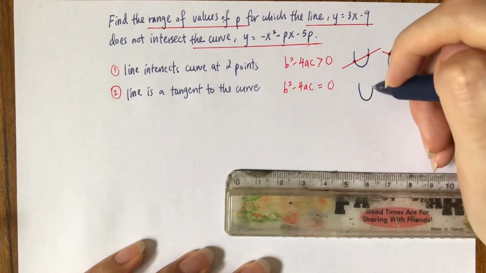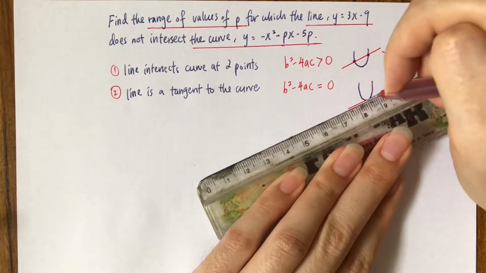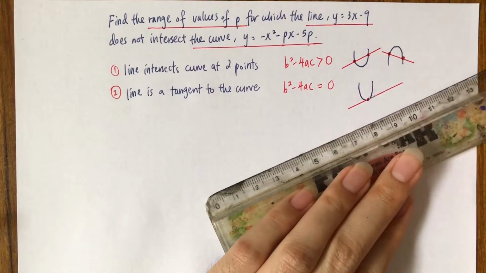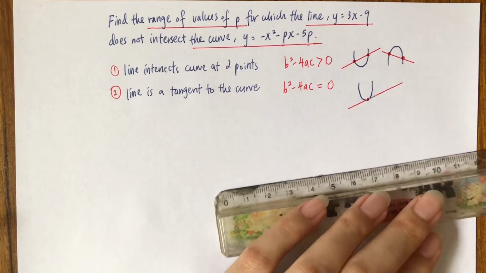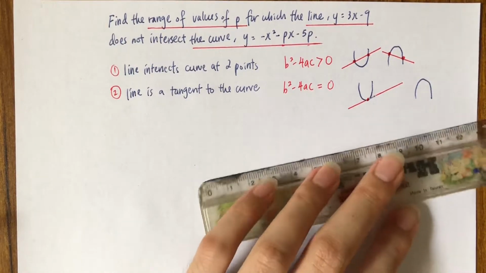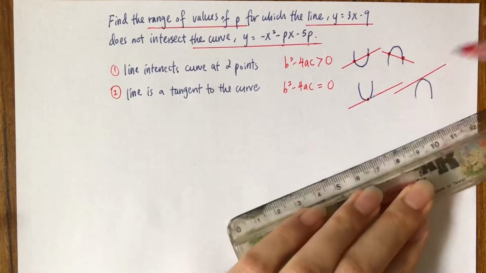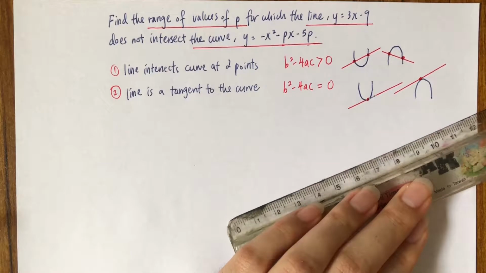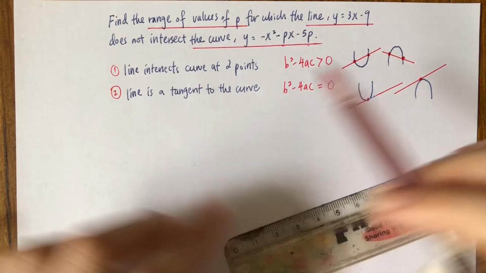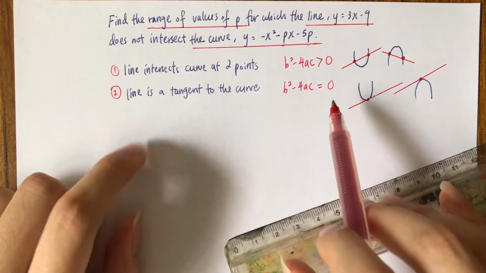We have a curve and the line touches the curve at just 1 point. And if it is an inverted curve, the line just touches 1 point of the curve. It is almost like a hinge. It hinges at 1 point of the curve. So that is when the line is a tangent to the curve, b squared minus 4ac equals 0.